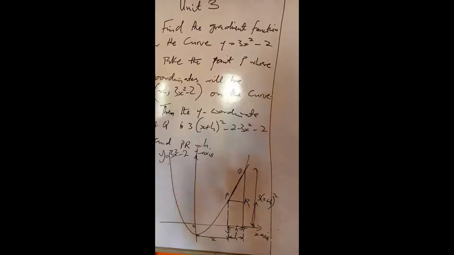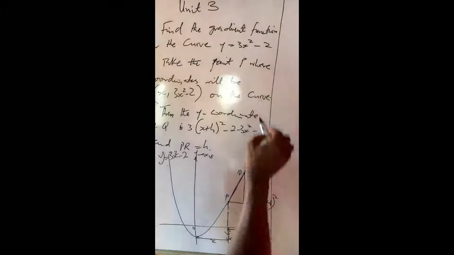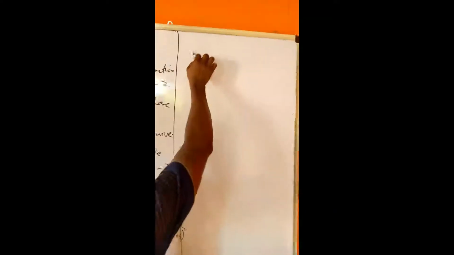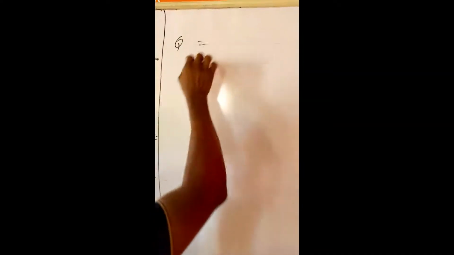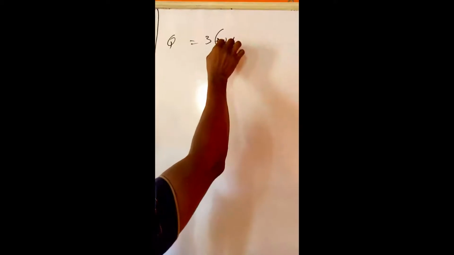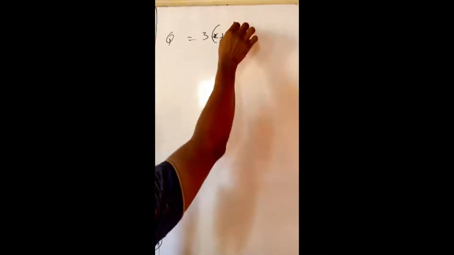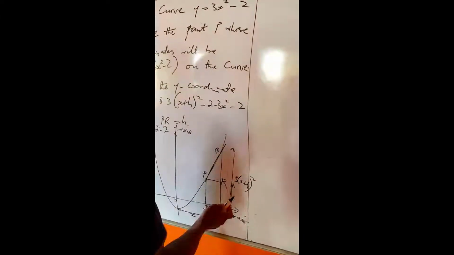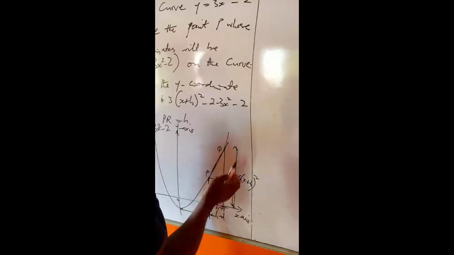So in the exercise, point Q, which is at this point, will not be 3 into x plus h all squared, like what you are seeing here. So I'm getting QR.